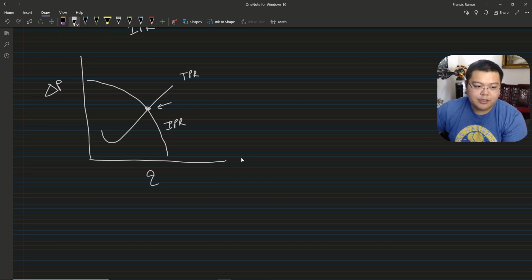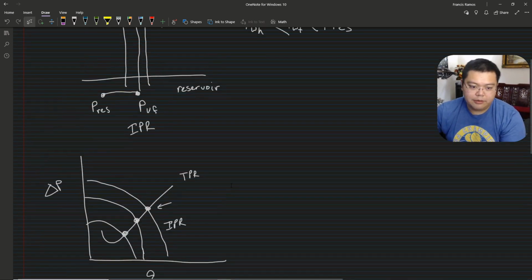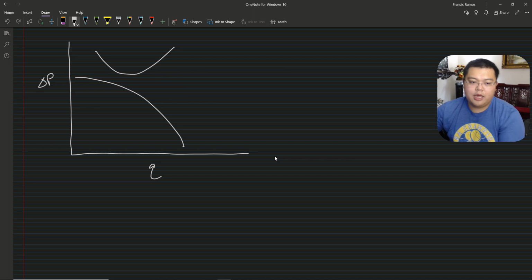However, you will notice that as your natural pressure in primary recovery changes, so will your inflow performance relationship in your reservoir. And eventually, let me scroll down a little bit more here so I have more space, it will look like this, and there will be no more optimal point.